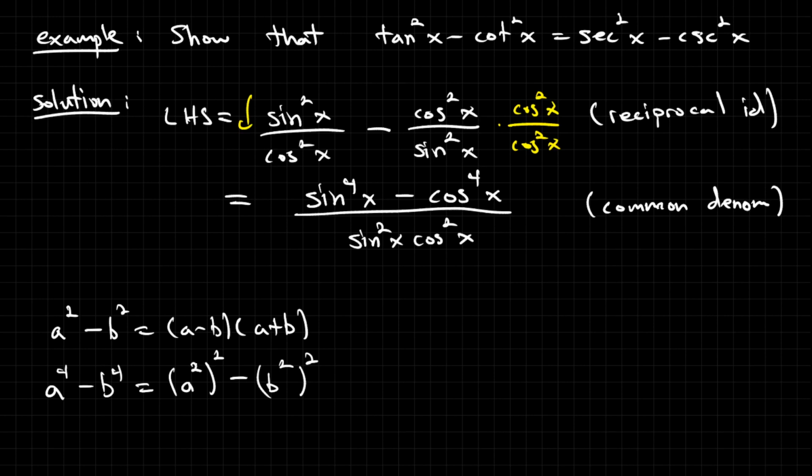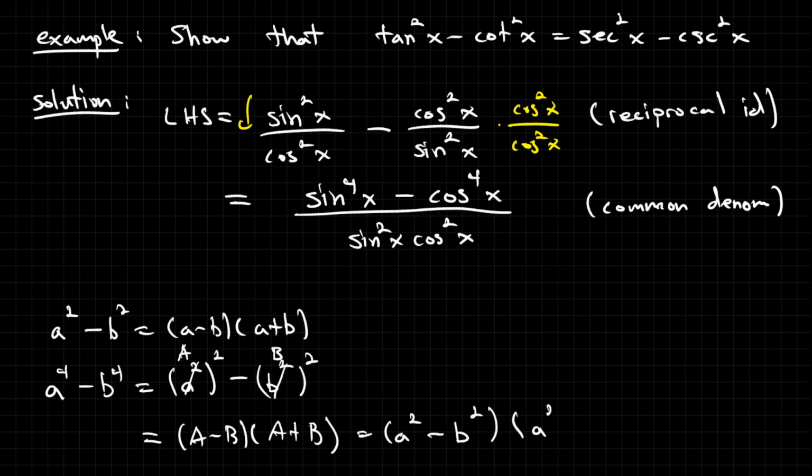If you think of this as capital A and this as capital B, then A squared minus B squared is A minus B, A plus B. Now capital A is a squared and capital B is b squared, so this is a squared minus b squared, a squared plus b squared. So a to the fourth minus b to the fourth is a squared minus b squared times a squared plus b squared.